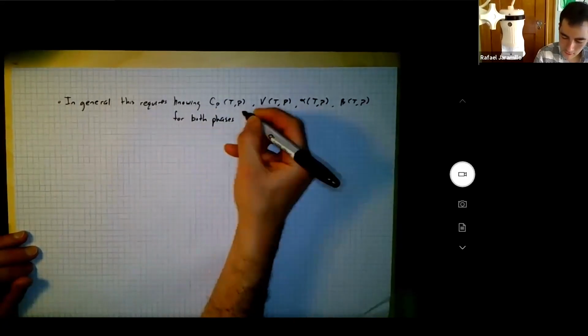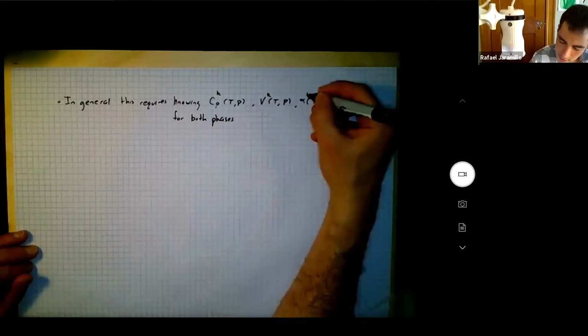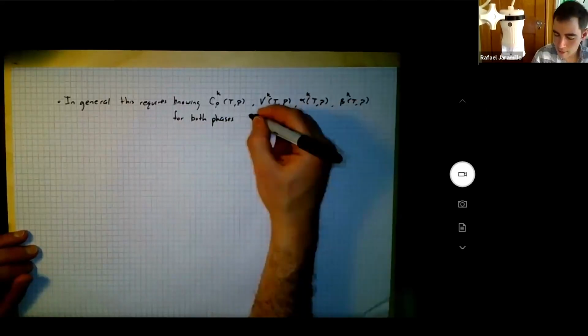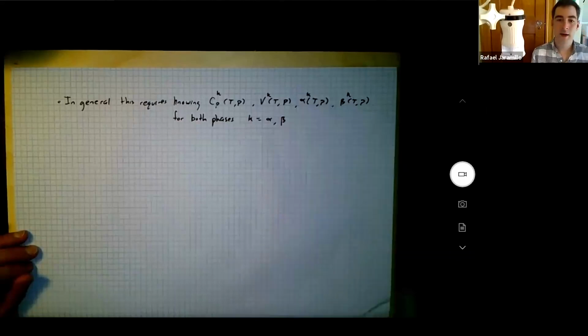So let's get phase labels here. There's a lot of information that we need to tabulate. For both phases, kappa equals A, alpha and beta.